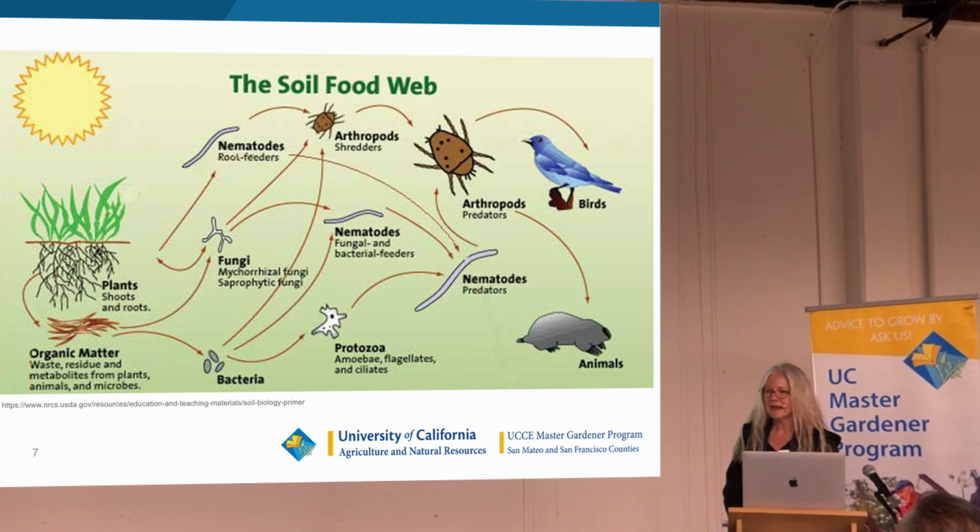So let's talk a little bit about my favorite subject, the soil food web. So it's really these amazing microbes, the bacteria and fungi that create the foundation for a healthy soil. And it's a relationship between the plant and the microbial community.